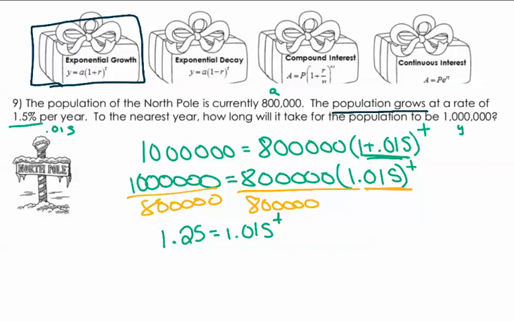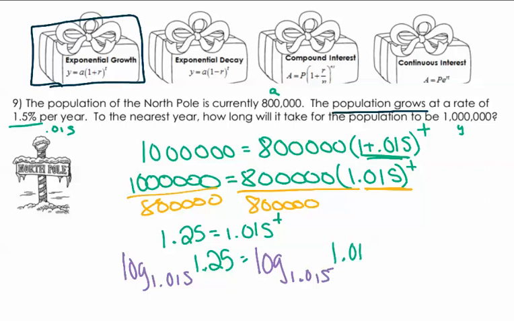So if I have an exponential base of 1.015, now I need to take log base 1.015 of each side. So we're going to do log base 1.015, and we're choosing 1.015 as our base because that's this exponential base. And we're trying to use that inverse property there so that these two can cancel out.